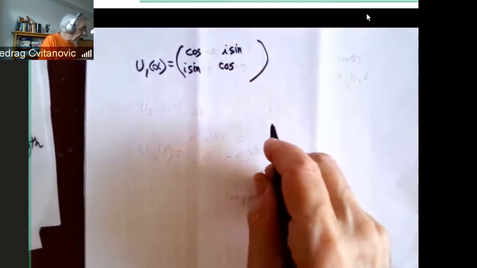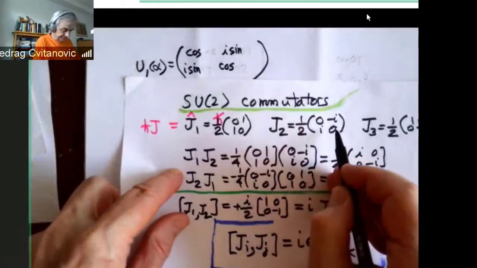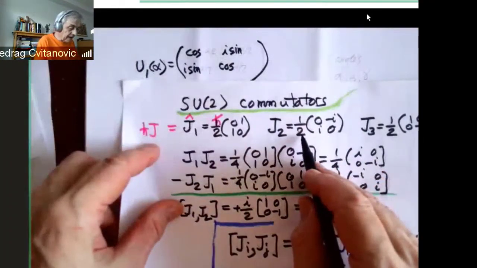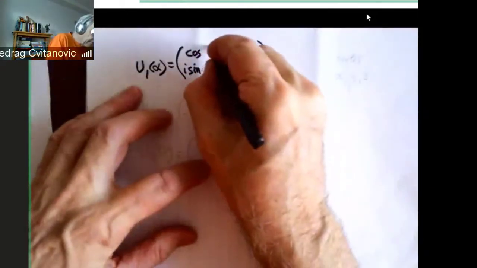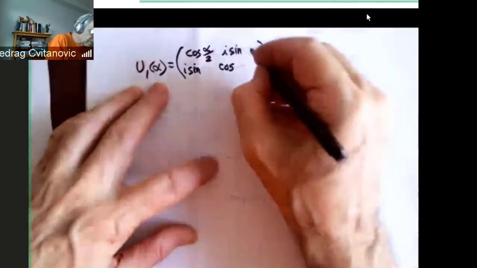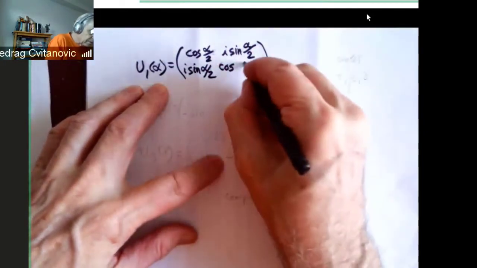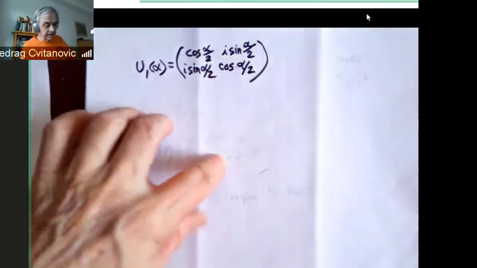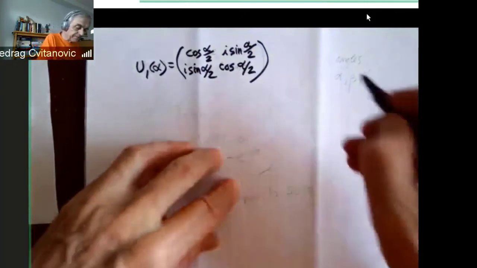But the weird thing is that because J was defined as 1/2 of the Pauli matrix, that 1/2 goes together with the angle, and I get alpha over 2, alpha over 2, alpha over 2. And you say, okay, so who cares? You have redefined your angle in some way.